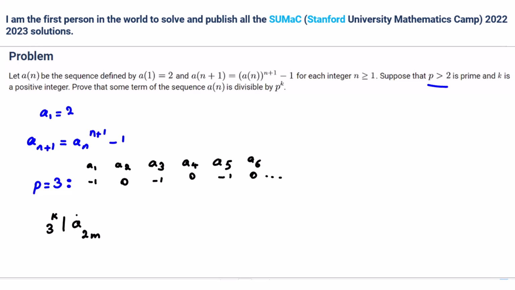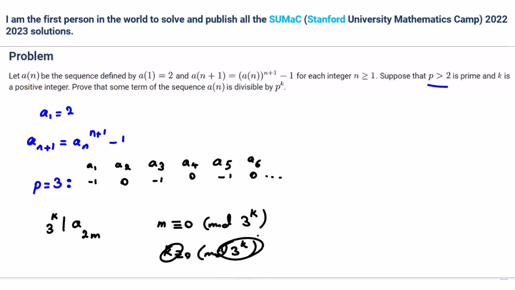Because k cannot be equal to 0. You cannot say k should be 0 mod 3 to the k, because k is not a multiple of this. So we should change this. You can say yes, we can select an m that is 0 mod 3 to the what?